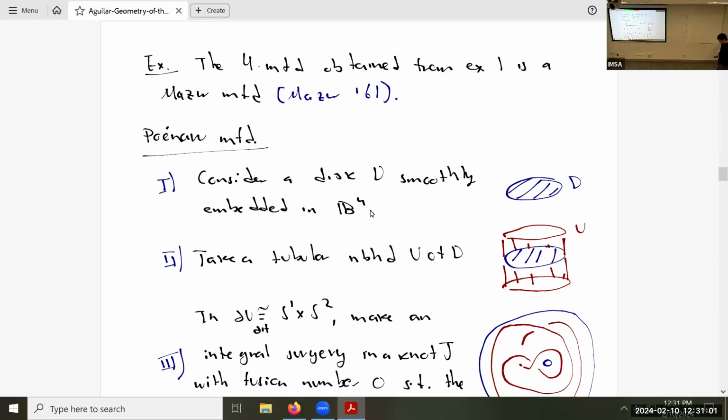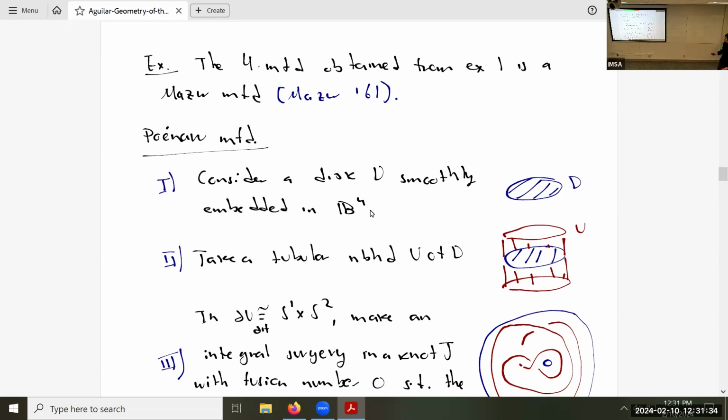Okay, so that's one way to have these contractible 4-manifolds. But now let me review a construction that is closer to something that Koinaru did. And the first part is going to be really equivalent to the Mazur construction. So we have 3 points here. The first one is you need to consider a disk that is smoothly embedded in B4.